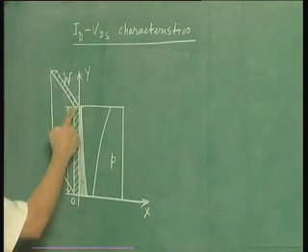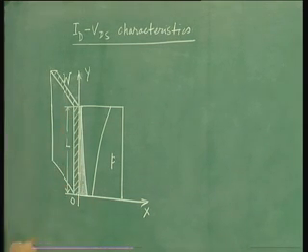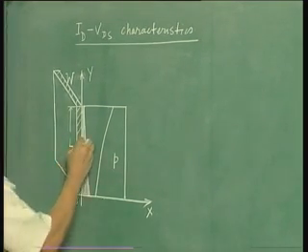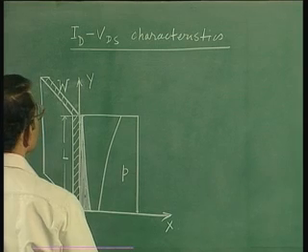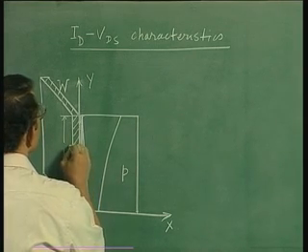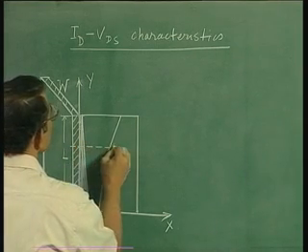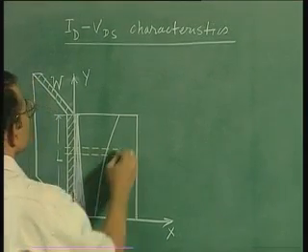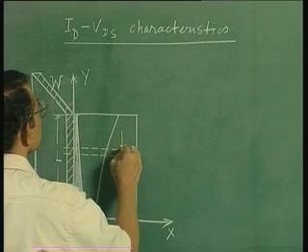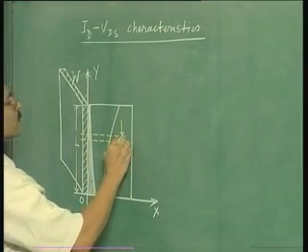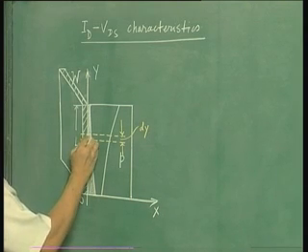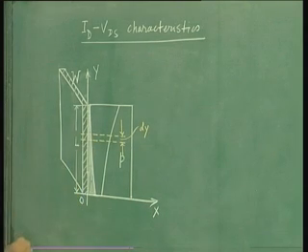So this is our inversion charge changing from source to drain, and this is the depletion charge changing from source to drain. So at any point y, you can take a small element dy, and the voltage over this element dy we can assume to be constant.